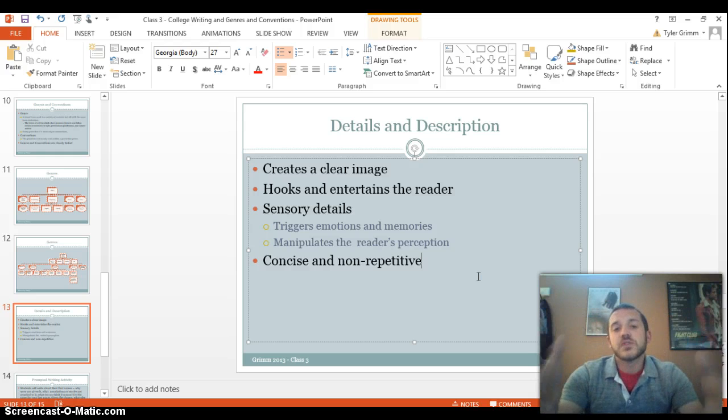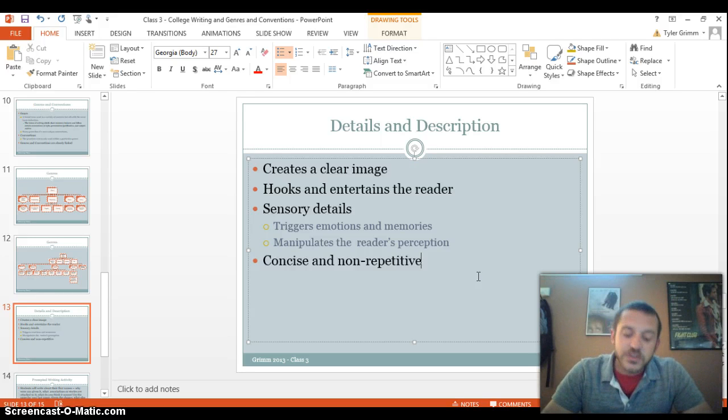When you conceptualize it as the act of using imagery, details, and description as you observe something, and you want the reader to get a clear picture of what you're observing, that's a fantastic way to show the reader what you want them to see. And that's really the purpose of imagery.